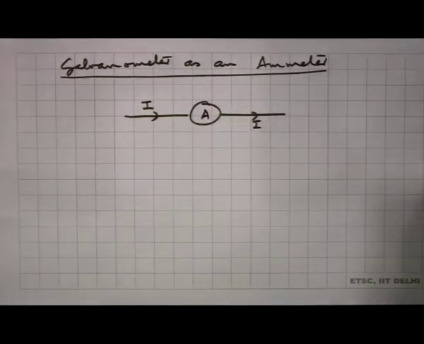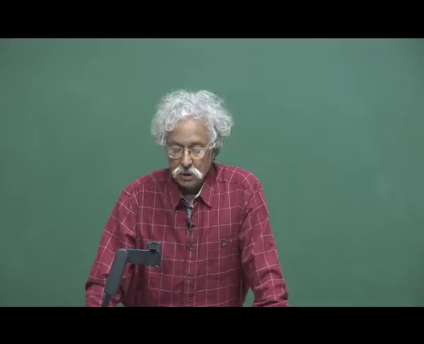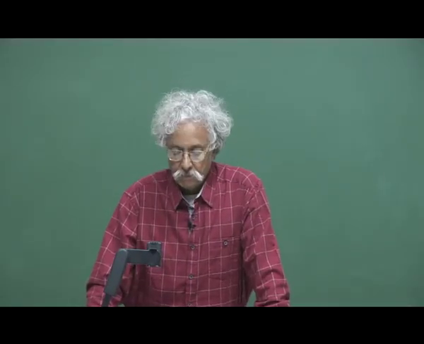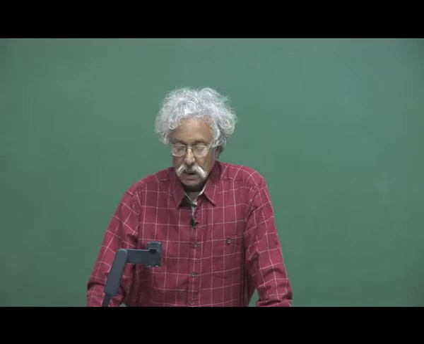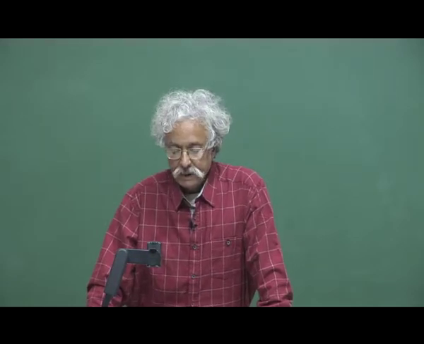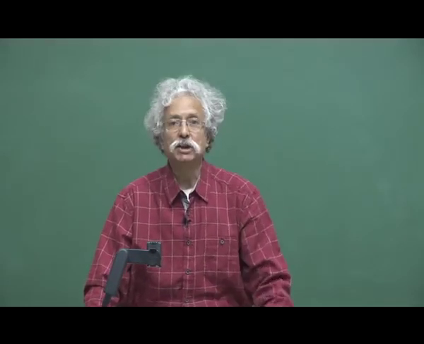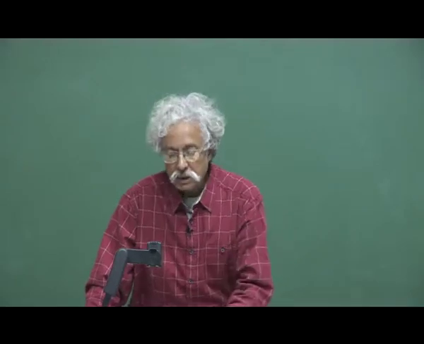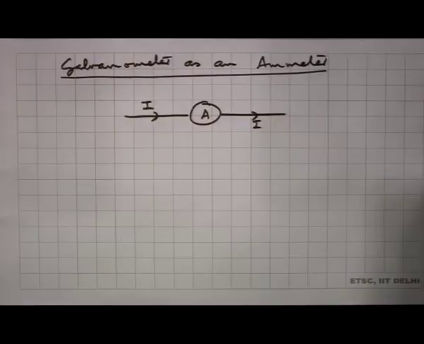Now, please remember that connecting the ammeter should not change the conditions of the circuit. If the ammeter, for example, has a large resistance, then it will change the total resistance of the circuit, which will then change the current I that is passing through the circuit.